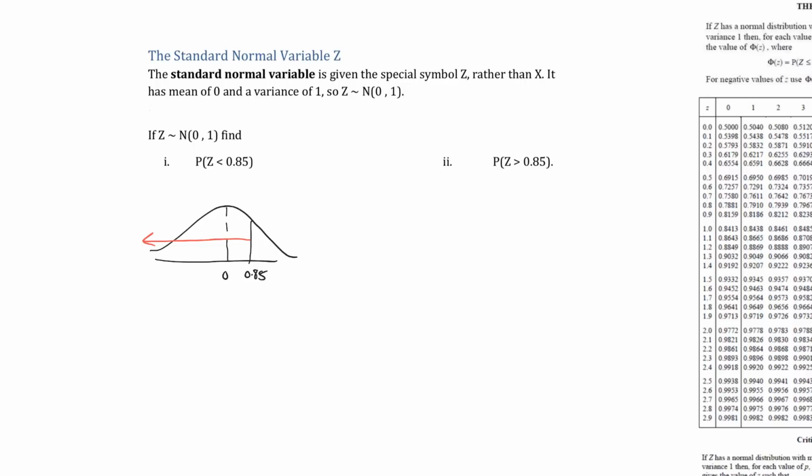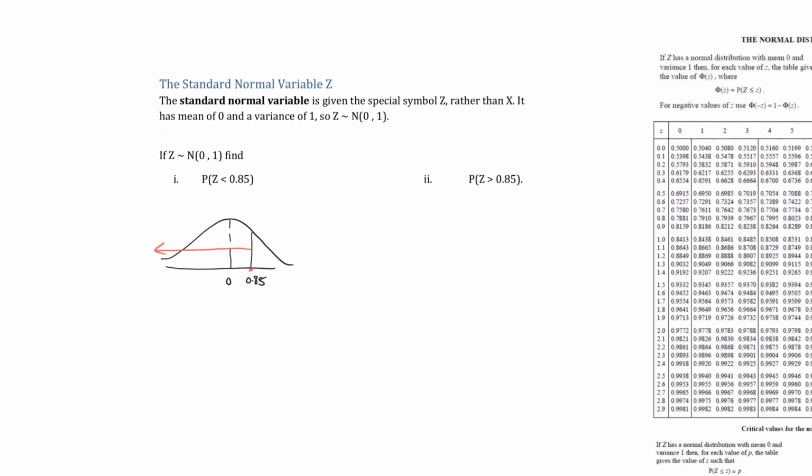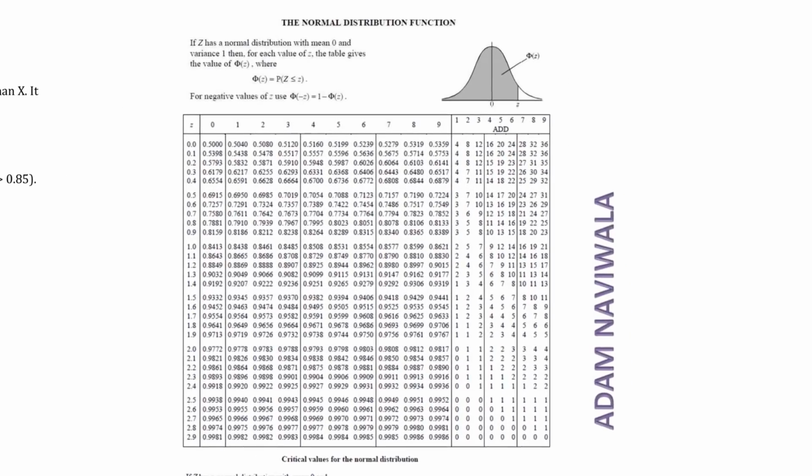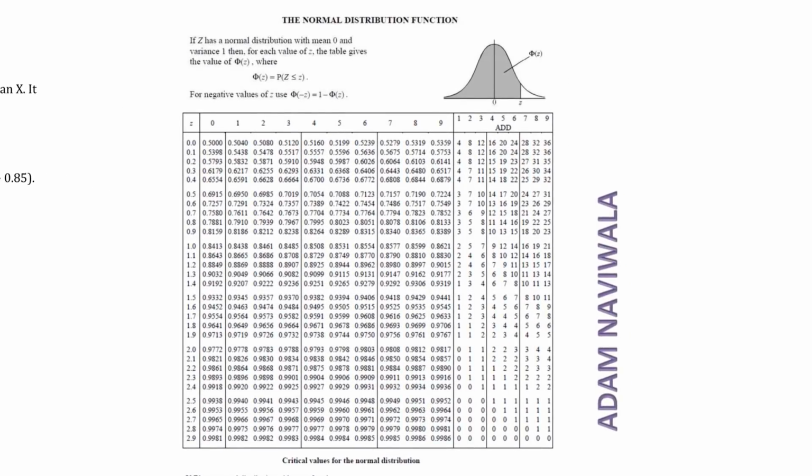Now this is 0.85, and we need to find the probability. So for probability, we will use our table, and at a z value of 0.85, the probability comes out to be 0.8023.